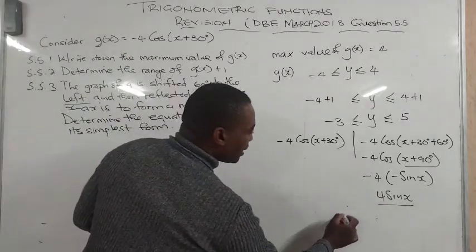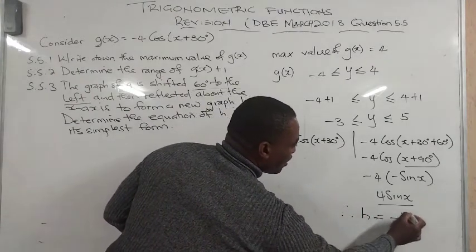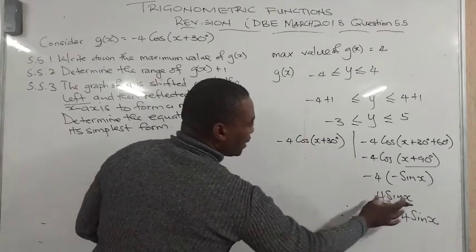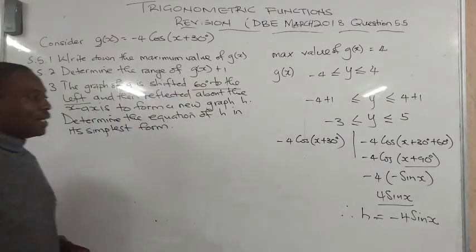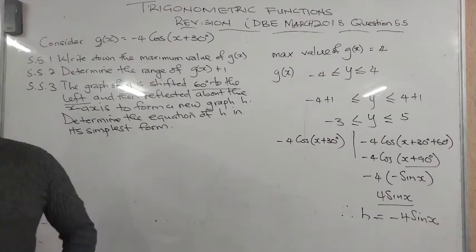So we are basically saying, therefore, h will be equal to negative 4 sin x. We are reflecting this along the x-axis, so it's multiplied by a negative. That's how I can assist you on the interpretation of this question.